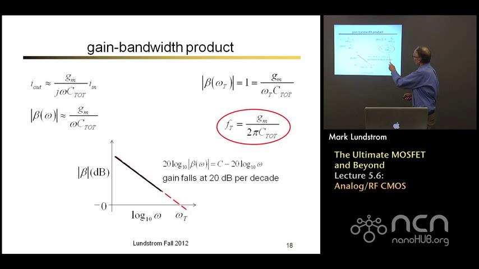If I convert that into f_t, it's g_m over 2 pi C_total. This is a very nice, simple way to estimate the maximum frequency that a device will operate at. Take any new device that you've just invented: if you can estimate its transconductance and its total capacitance, then you have a simple estimate for its gain bandwidth product, or the highest frequency that it will operate at.